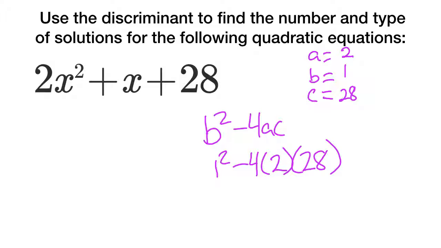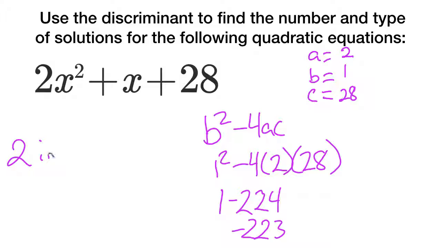Now, to be honest, looking at this already, I can see that there's no way that 1 is going to be greater than this number right here, which, let's see, that's 8 times 28, so that's going to be 224. So 1 minus 224, which means negative 223, which means 2 imaginary roots. Or I should say solutions.